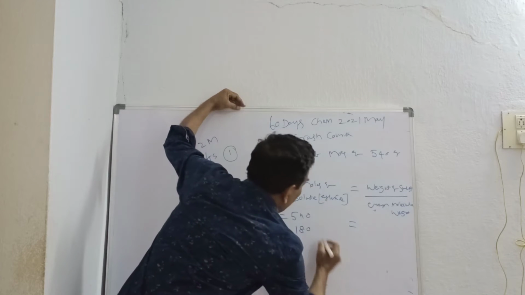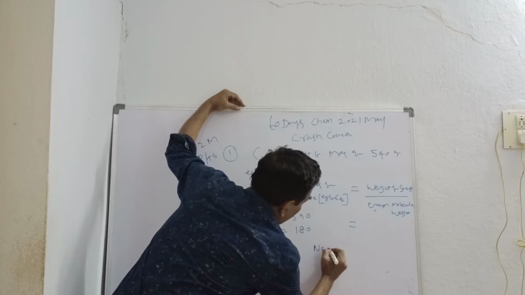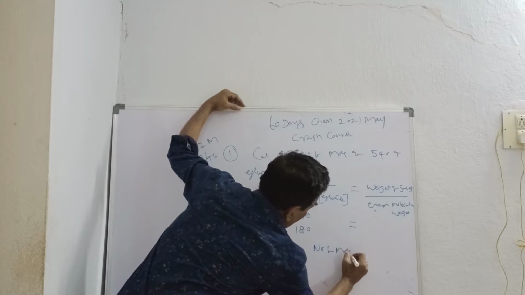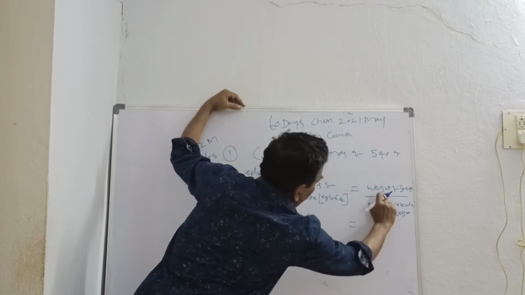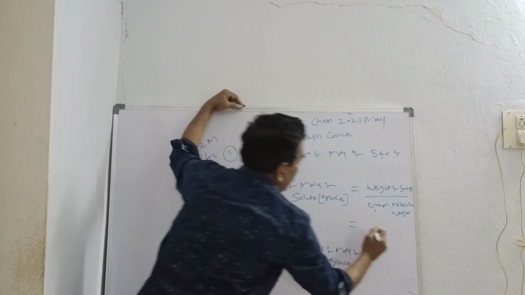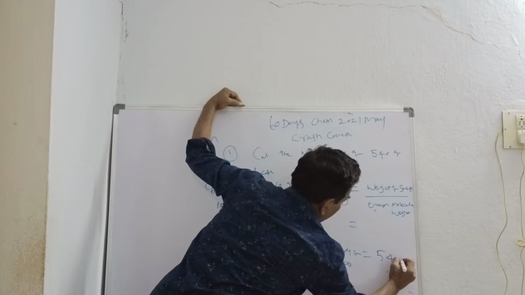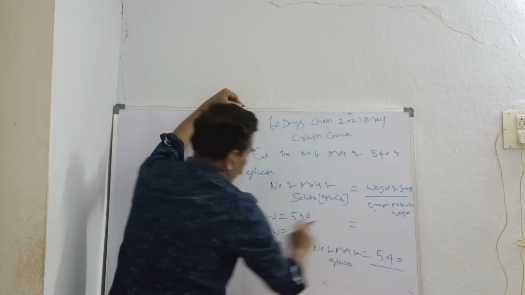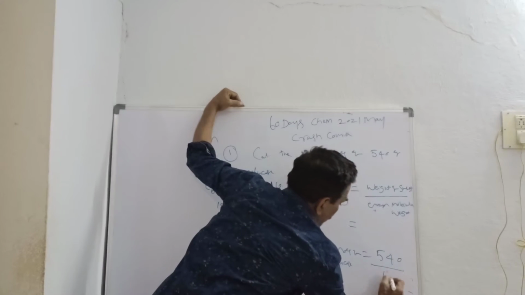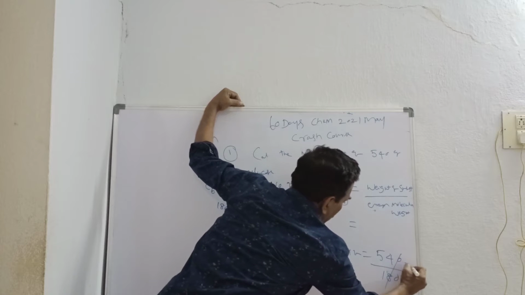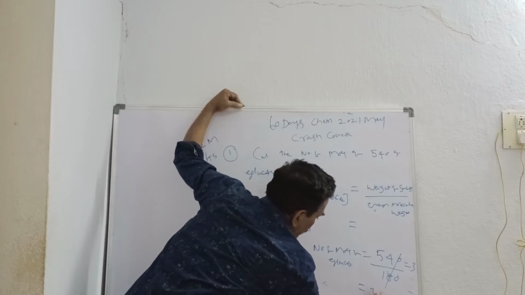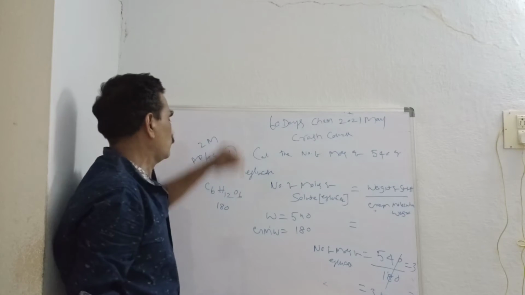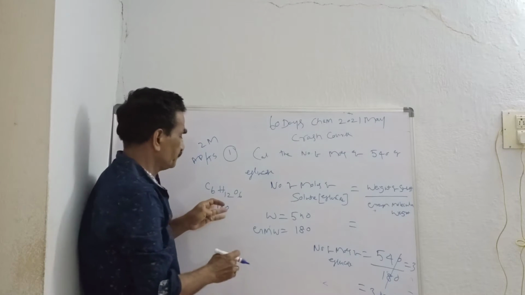So number of moles of glucose is nothing but weight of the substance 540 by gram molecular weight 180. This is nothing but 3. So number of moles of glucose is 3 moles. Answer, 2 marks question.